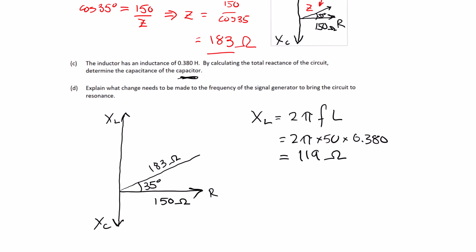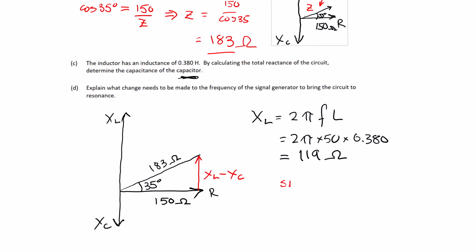So when we look at this diagram here, this distance here is equal to XL minus XC. And from our triangle, we can write sine of 35 is equal to XL minus XC divided by 183.